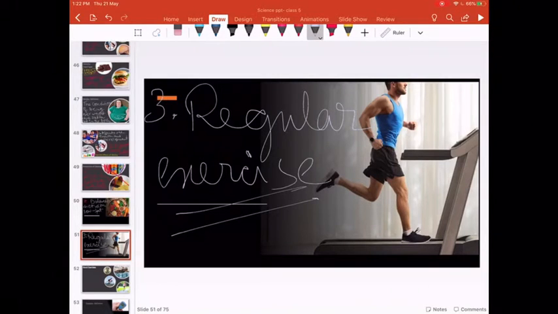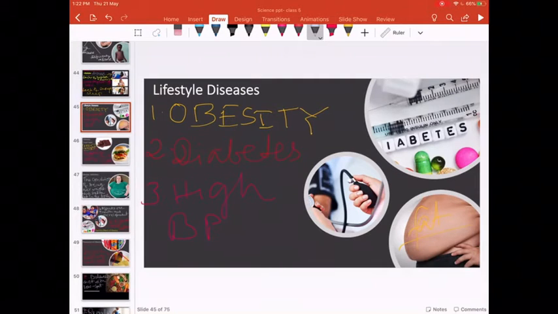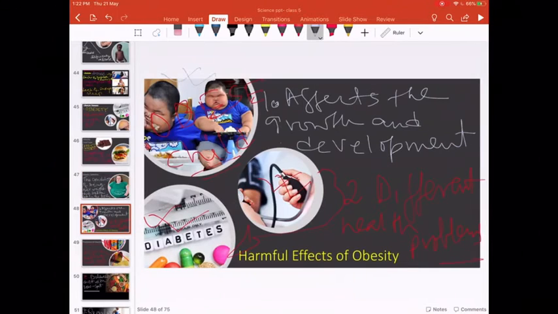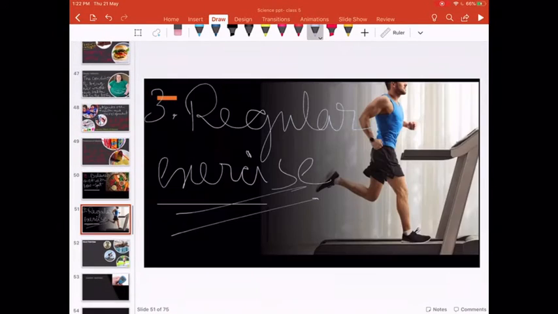So the first lifestyle disease is obesity, and we have covered the definition of obesity, the harmful effects of obesity, and then the various methods of prevention of obesity.